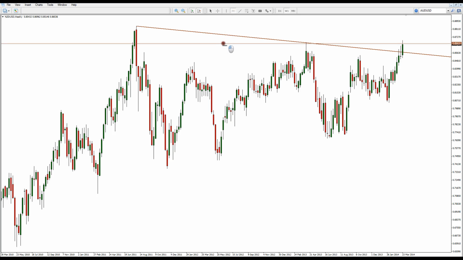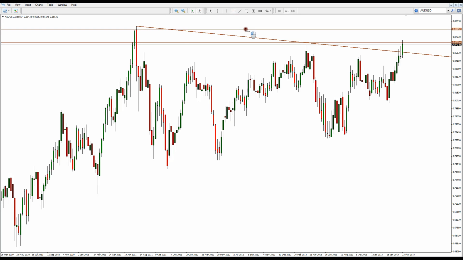So obviously the first target is 0.8672, and the very next level is 0.88 as a round number, and the final target of the price.